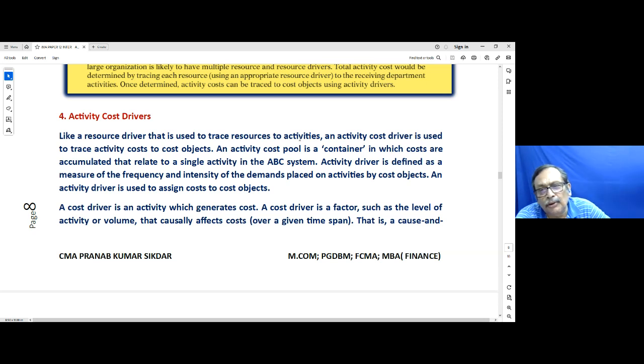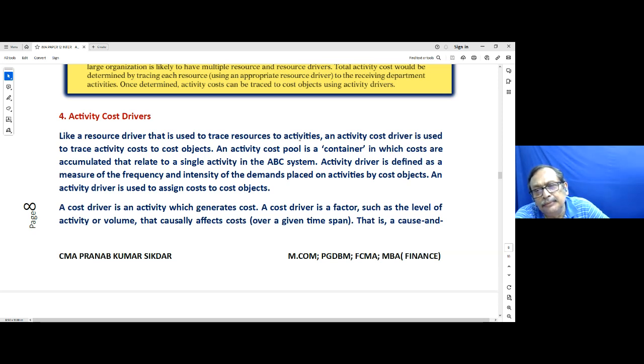An activity cost pool is a container, a pool, in which costs are accumulated that relate to a single activity in the ABC system. So various activities are there, and similar activities you are going to put in a particular container, that is called a cost pool.